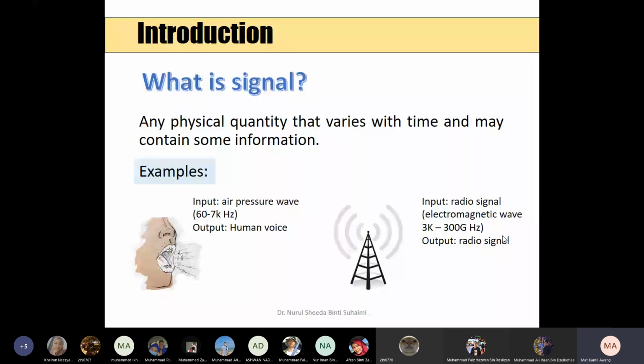In these slides, we have two example signals. One is the air pressure wave between 60 hertz to 7 kilohertz, where the output is a human voice. Another example is the radio signal, an electromagnetic wave normally between 3 kilohertz and up to 300 gigahertz, and the output is a radio signal.